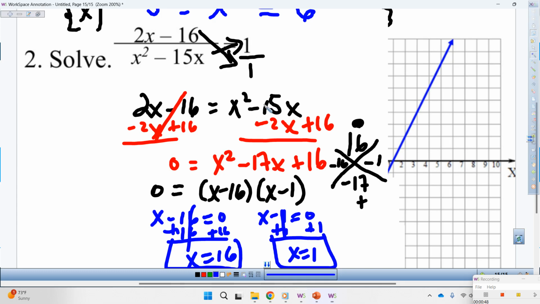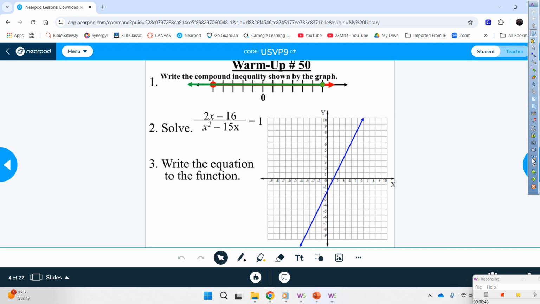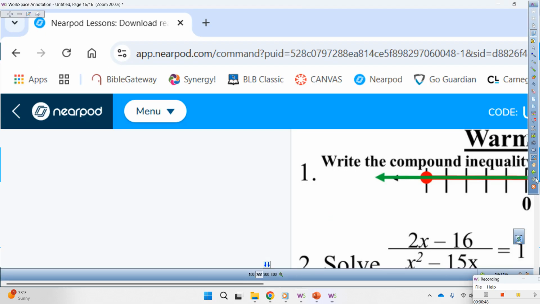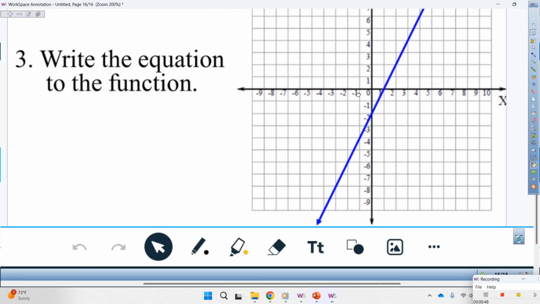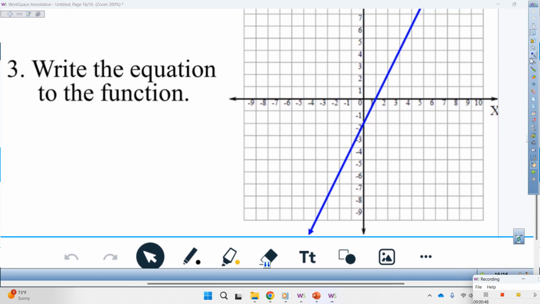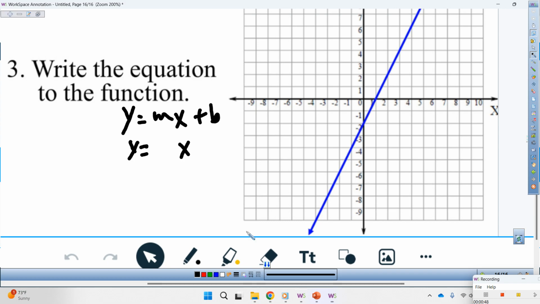All right, let's go to number 3. For number 3, we need to write our equation for that function. So let me zoom in so you guys can see the values there. So I start off with y equals mx plus b, y equals blank x, and my y-intercept, where does it start?